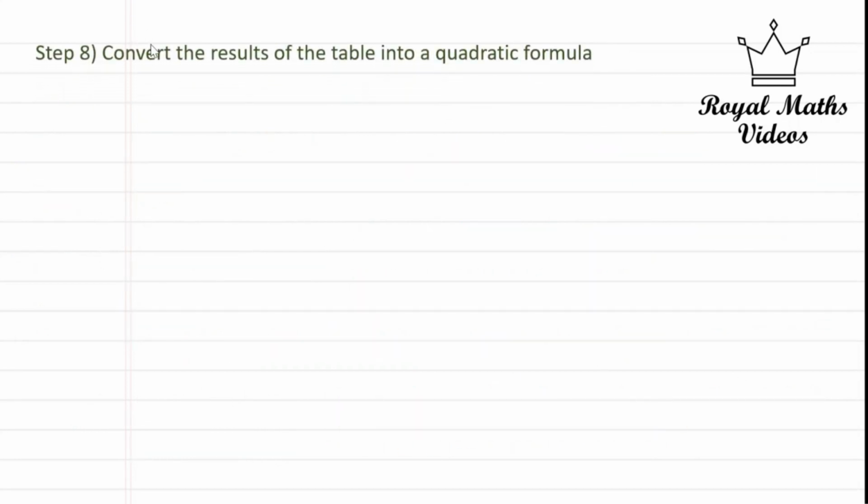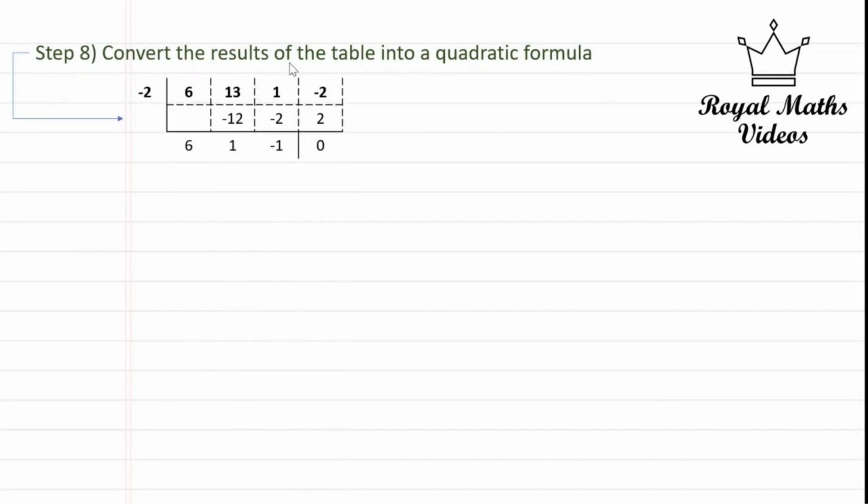Okay, now step 8 is to convert the results of the table into a quadratic. So we had the results over here from the second synthetic division, which was 6, 1 and minus 1. Now what we do is multiply by x in a quadratic, so it will be 6x squared plus 1x, or just x, minus 1, which we have over here.